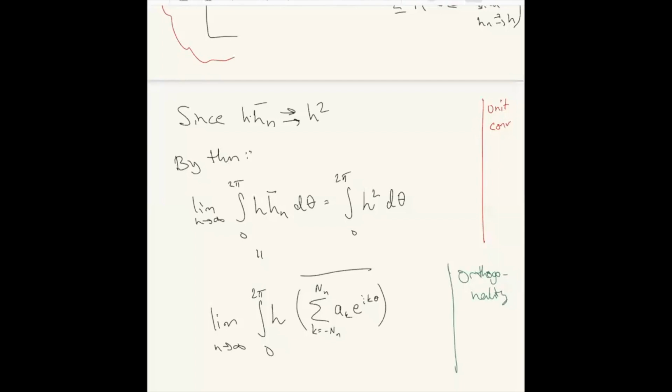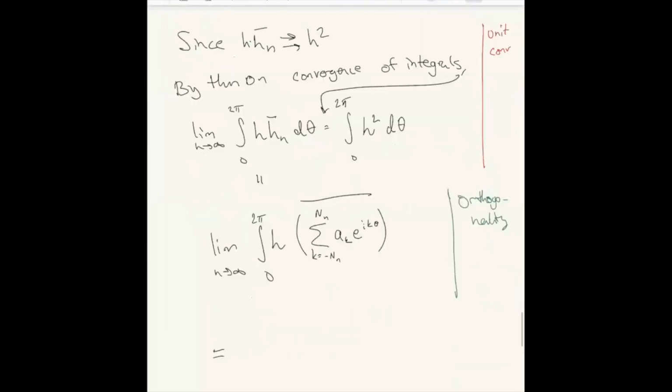So by the theorem on convergence of integrals, we get the first inequality here. But let's compute the left-hand side in a different way. So the limit is on the outside.